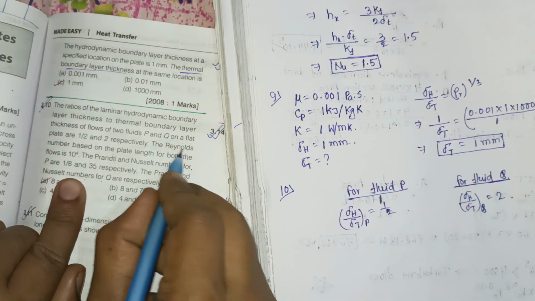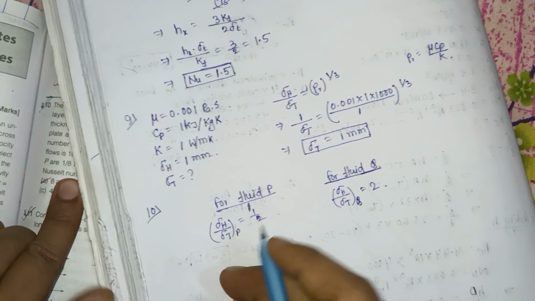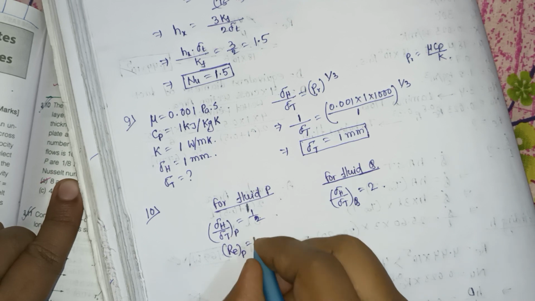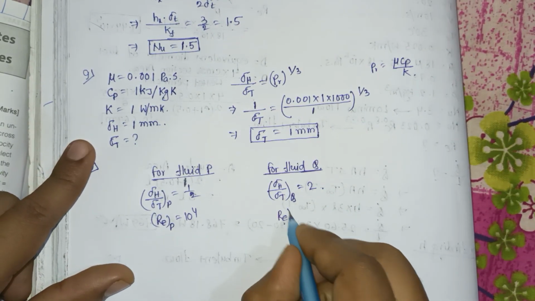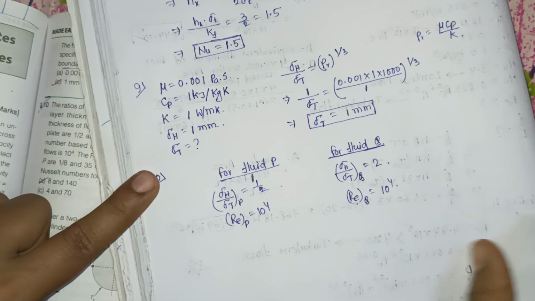Then the Reynolds number based on the plate length for both the flows: Reynolds number for P is equal to 10 to the power 4, and Reynolds number for Q is equal to 10 to the power 4. Okay.